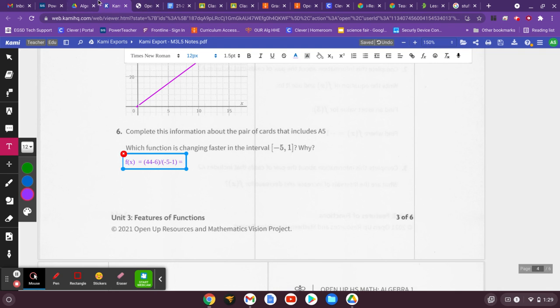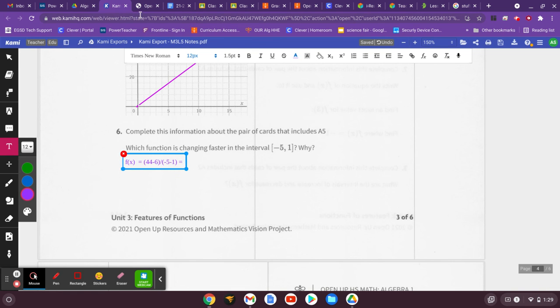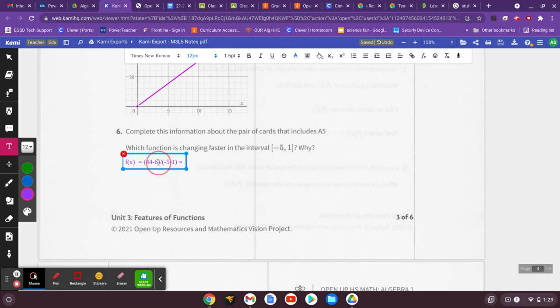Wait a minute. Oh, to 1. Is it 1 or -1? Oh, to +1. Okay, so +1 is at 0. We need to go to 0.